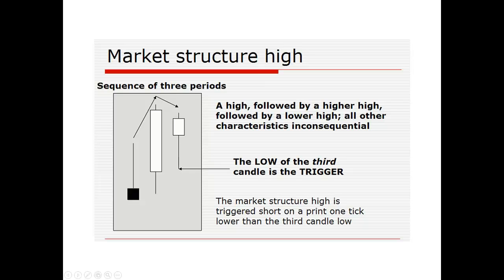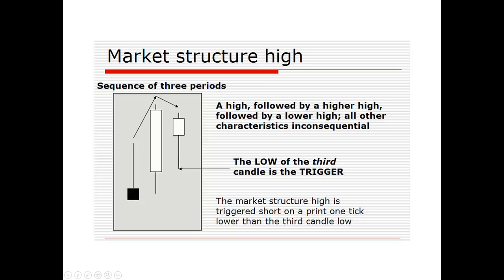And when that forms, the low of the candle, not the body, the low of the candle then becomes the trigger for the market structure high. It means the market has put a high in place and the price action is reversing back down. So that is the trigger for the market structure high signal.